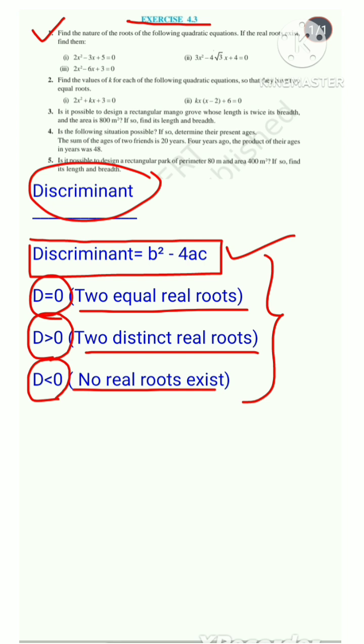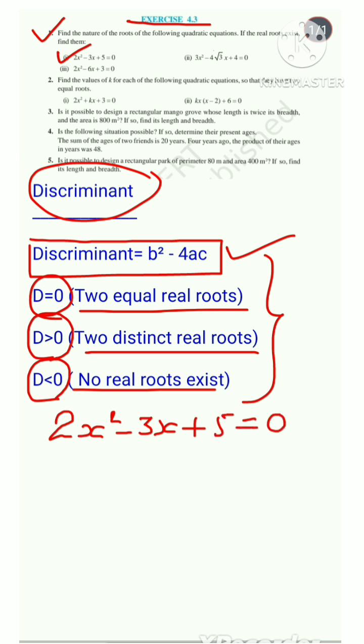Our first question is 2x square minus 3x plus 5 equal to 0.